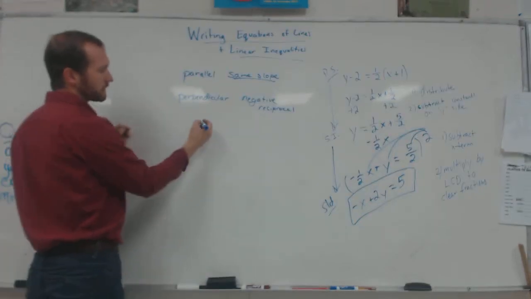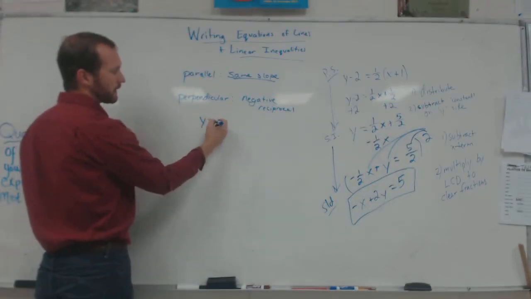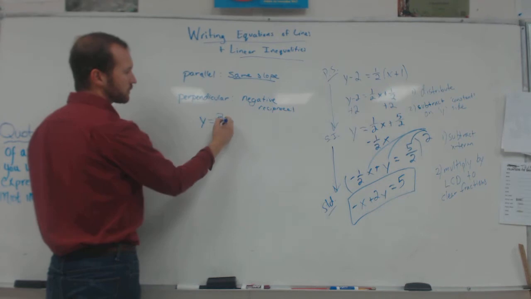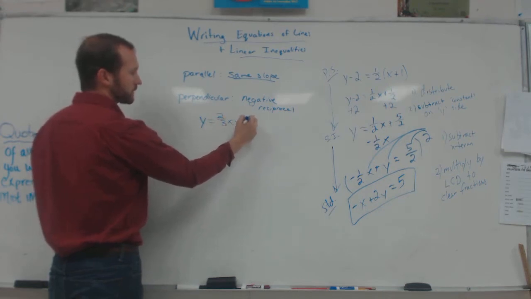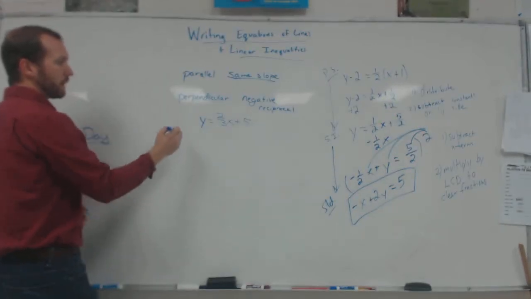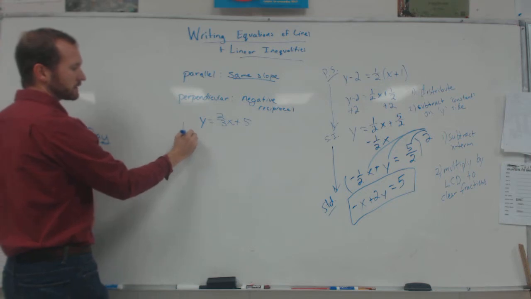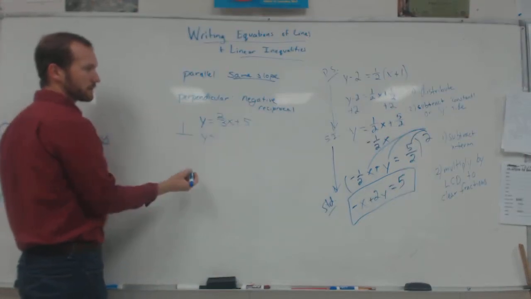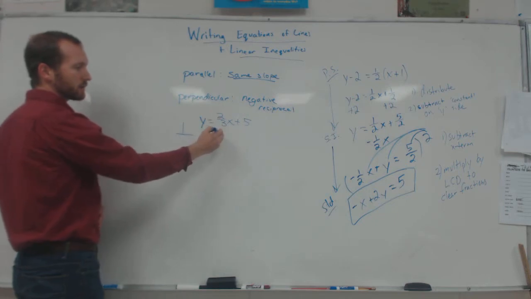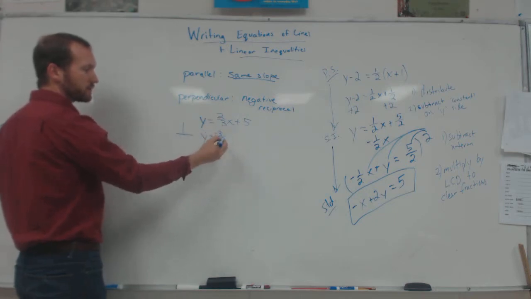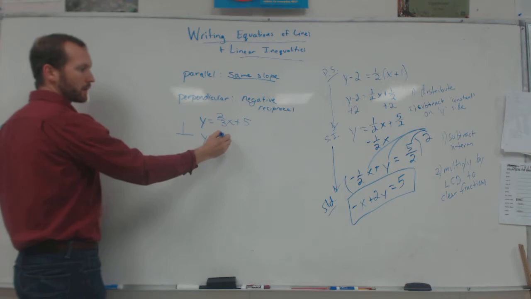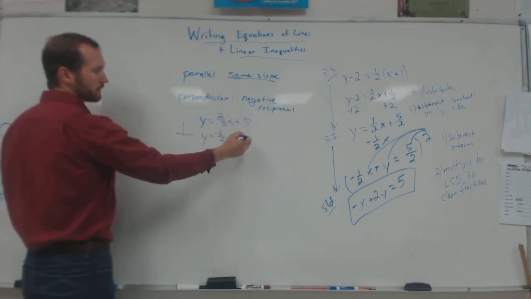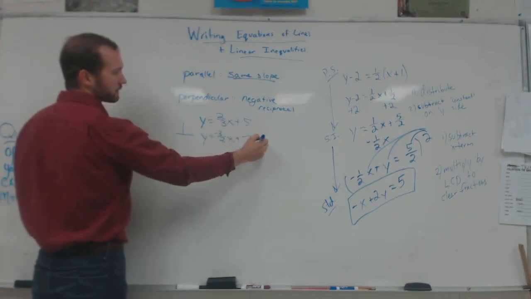So if I had a line that's perpendicular, let's say I had y equals 2/3 x plus 5. A perpendicular line, this is the perpendicular symbol, would be y equals the negative reciprocal, so -3/2 x plus whatever, 7,900.